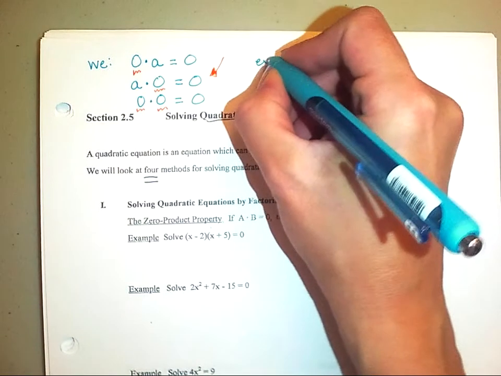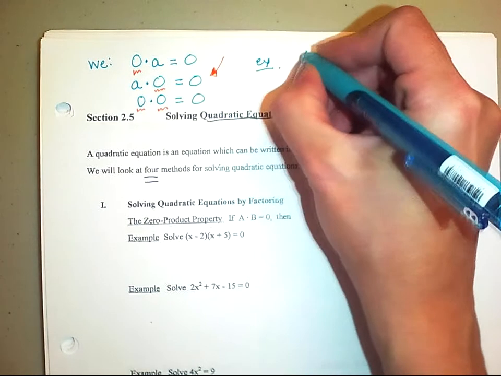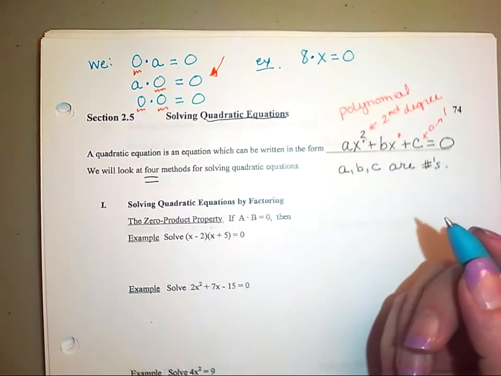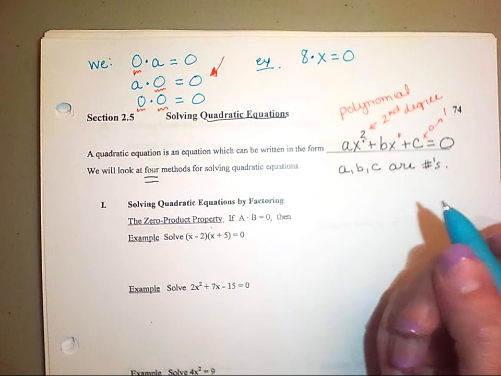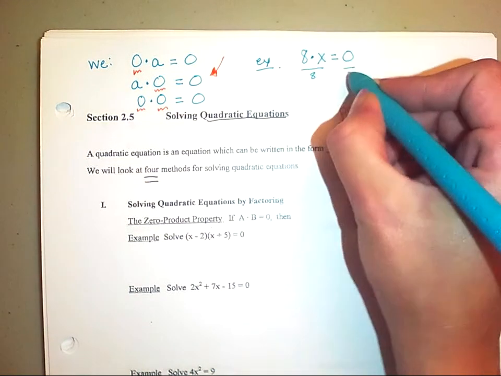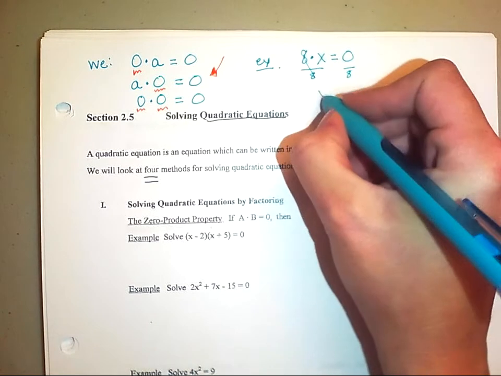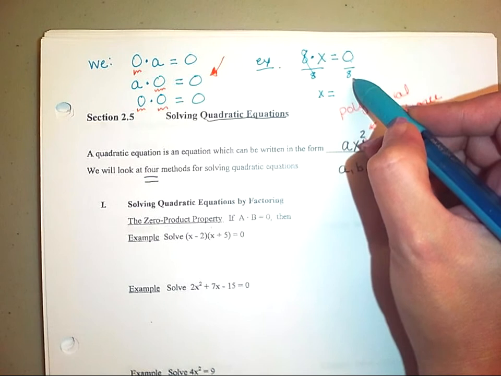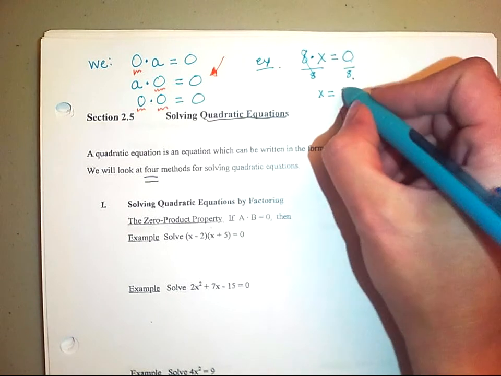So for example, if I take 8 and I multiply that by x, and that equals 0, well, you could divide through by 8. So the 8s would cancel and you would get x is equal to 0, because 0 divided by anything but 0 is 0.